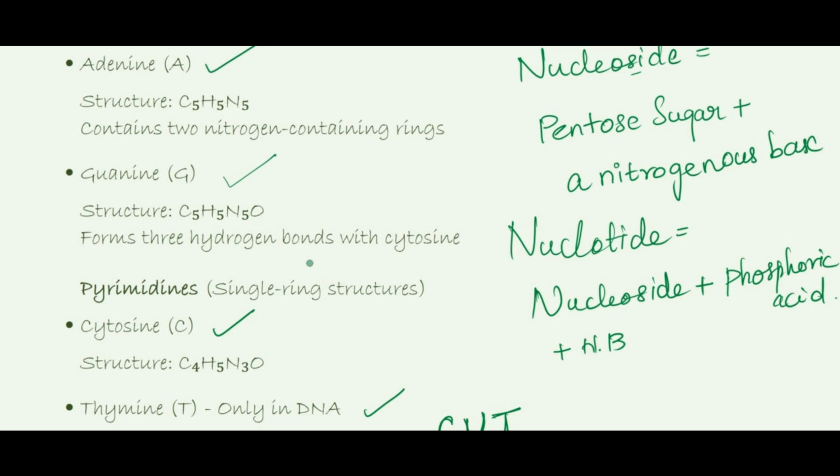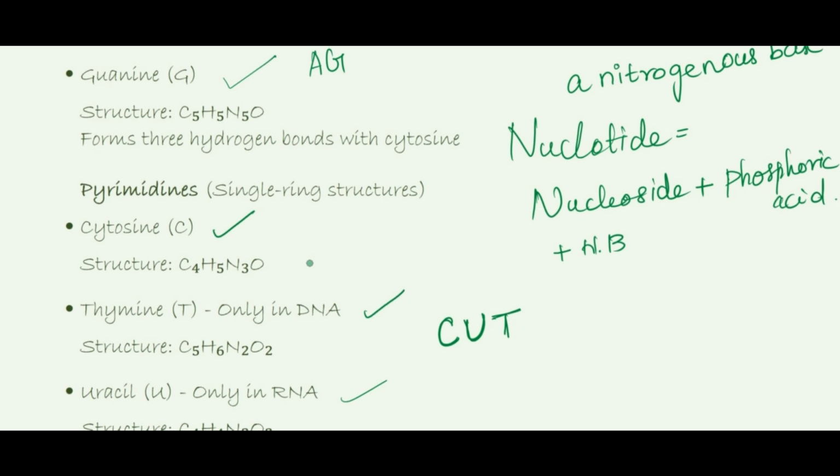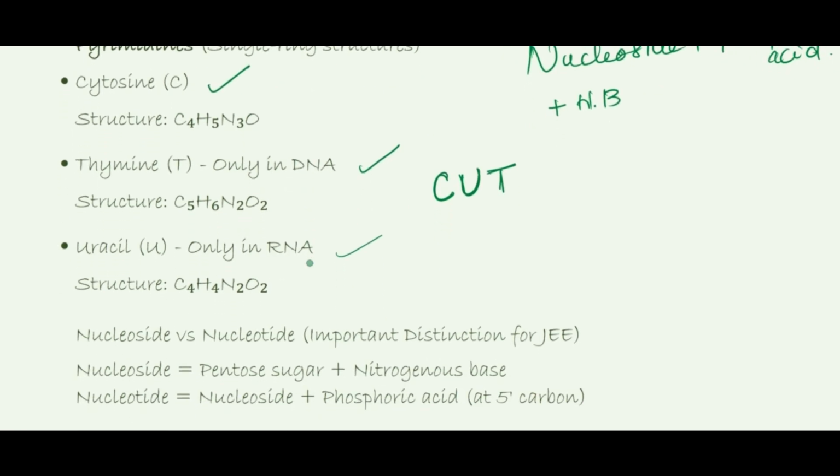And this is AG: aged cut. You can remember it like that. So uracil, U, is only present in RNA. The rest of them are present in DNA, but uracil is present in RNA only.